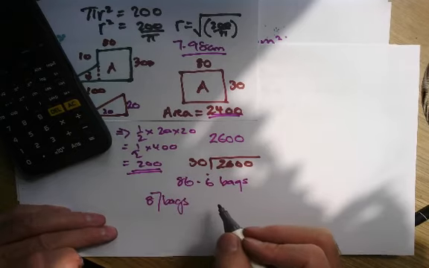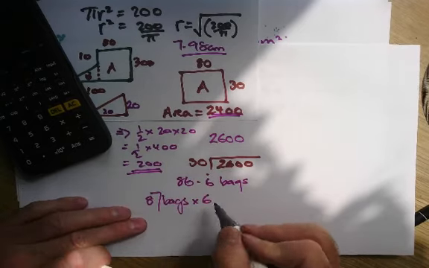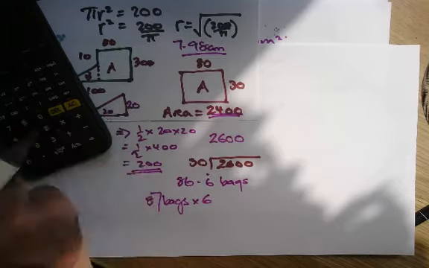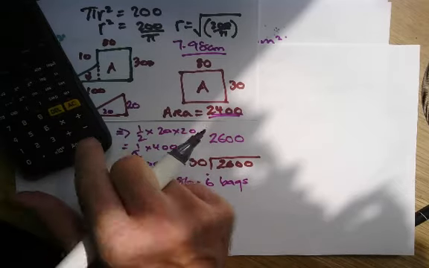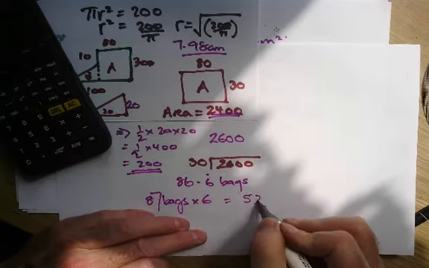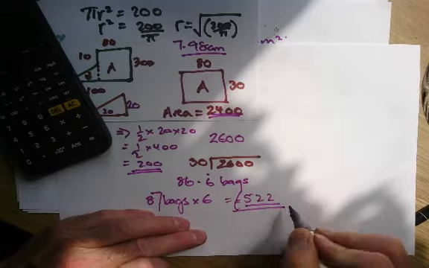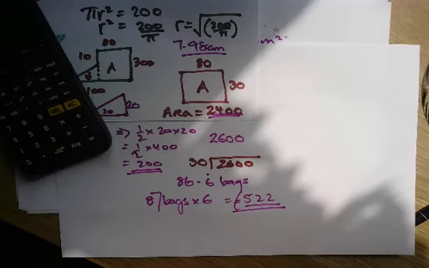So I need 87 bags. Each bag costs £6. So I do 87 times 6. And that tells me £522.